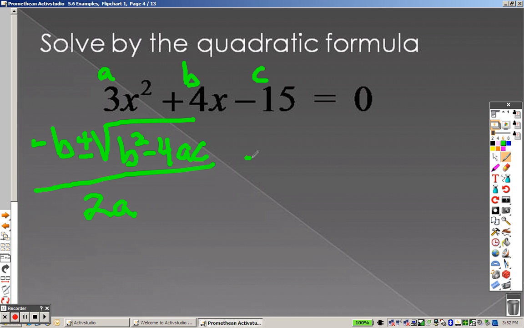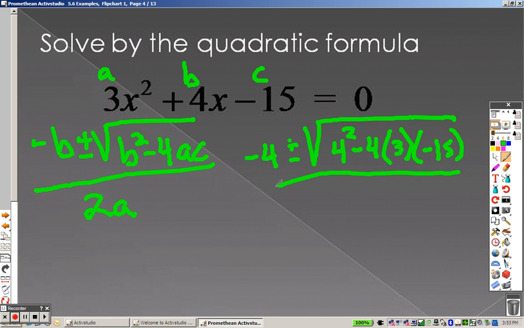So it's negative 4 plus or minus the square root of 4 squared minus 4 times your a, which is 3, times c, which is negative 15, all over 2 times your a, which is 3. So underneath the square root, that's 4 squared minus 4 times 3 times negative 15, and you end up getting negative 4 plus or minus the square root of 196. 2 times 3 is 6.